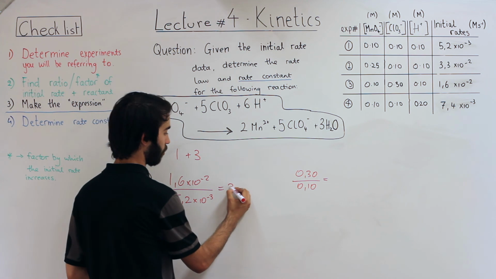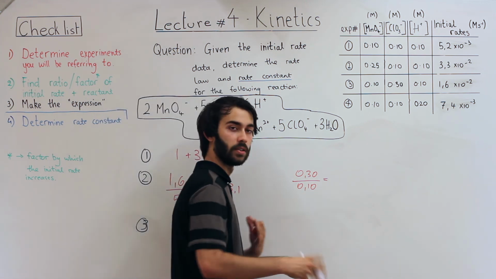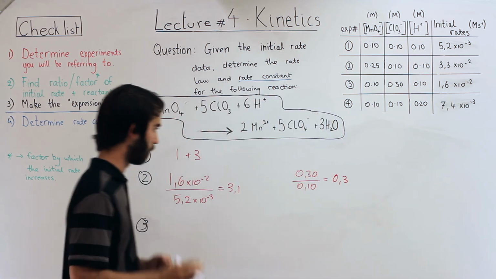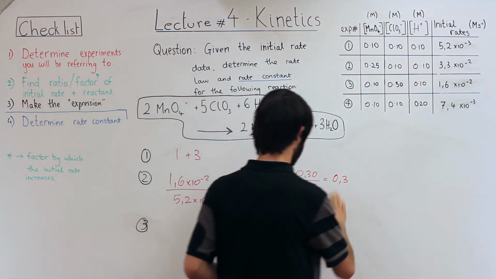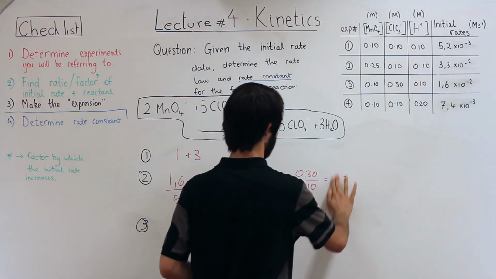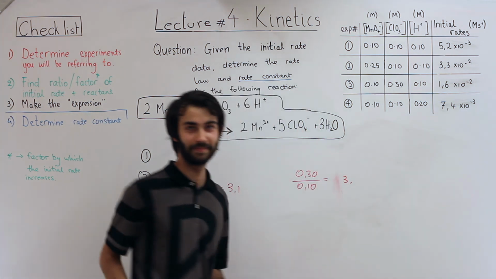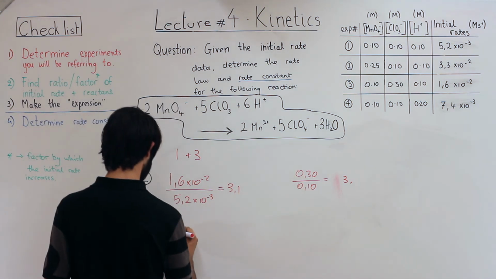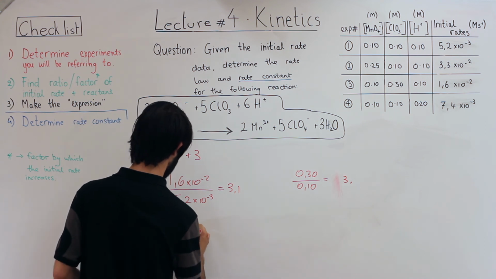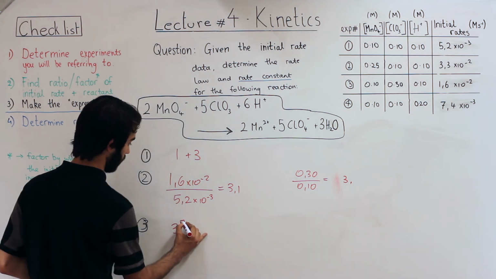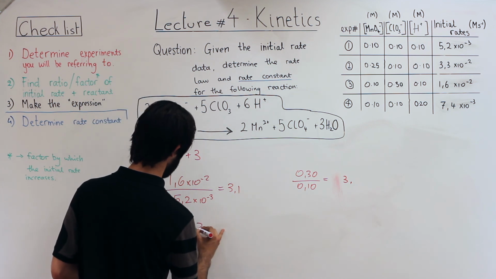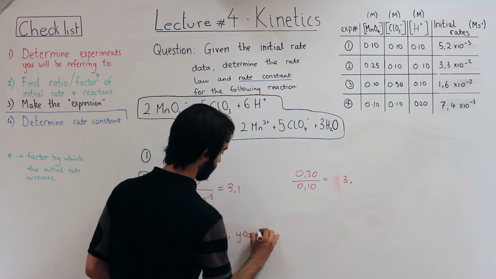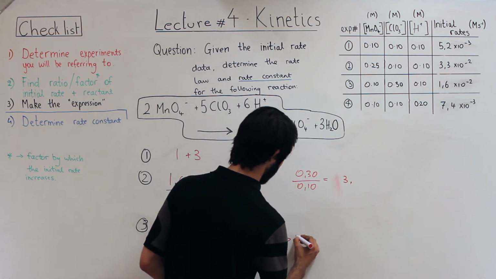We'll find that this equals 3.1. And now, armed with our numbers, we can make our expression: 3 to the power of, in this case, we'll say y, equal to 3.1. With a little bit of approximation, we can say that y is equal to 1, telling us that this reaction is first order.